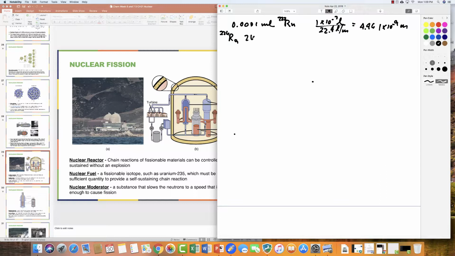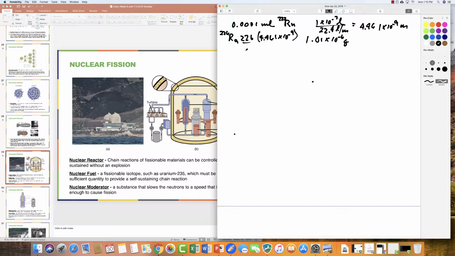If you multiply that number of moles, 4.461 times 10 to the minus 9 moles, times this many grams per mole, you get 1.01 times 10 to the minus 6 grams.